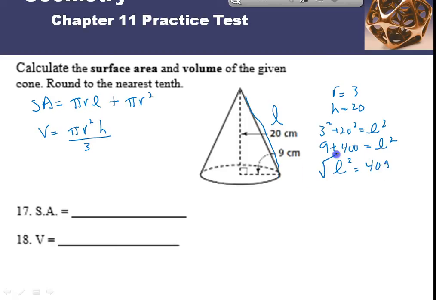And then I'm going to take the square root of both sides, and I get 20.2. So L is 20.2.